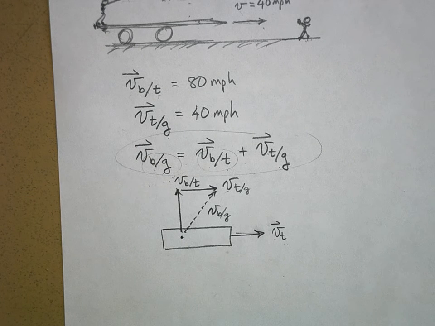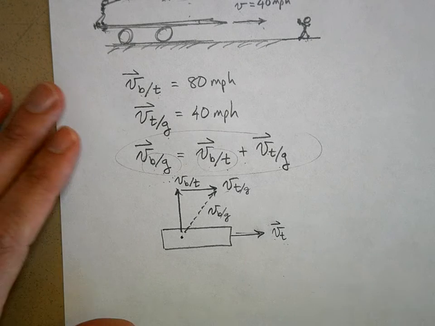Well, compared to what? You have to say. Compared to you, maybe it's like 3 meters per second. But compared to the ground, maybe it's 50 meters per second, depending on how fast your car is moving. Okay? Yes. So, in other words, velocity is relative.